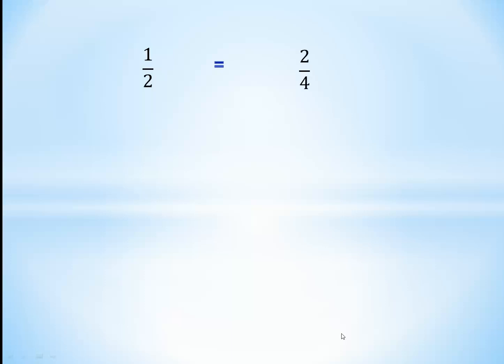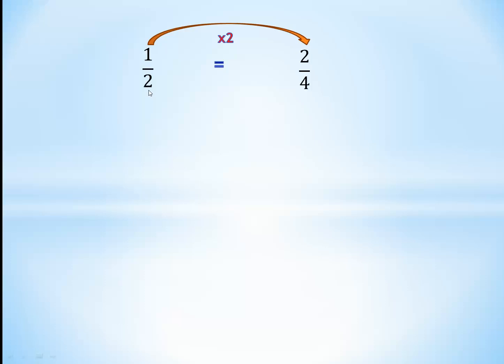Half equals 2/4. How can we understand this? Half means 1, and the 1 became more, the numerator increased, so we are going to multiply. 1 becomes 2, so we will multiply by 2. 1 times 2 equals 2.